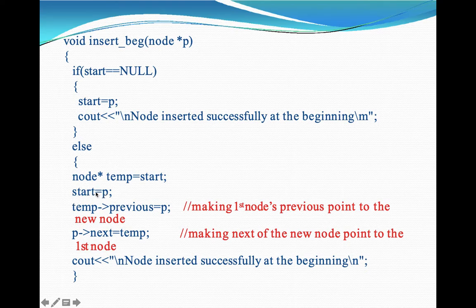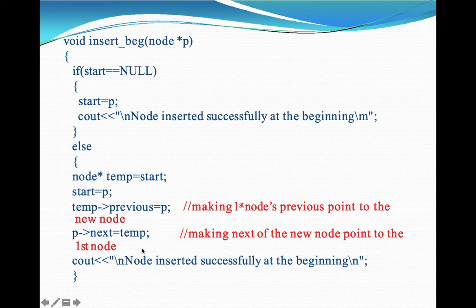Start, head is pointing to the new node, right? Correct. The previous of the current node is pointing to the new node, and the next of the new node is pointing to the current one.